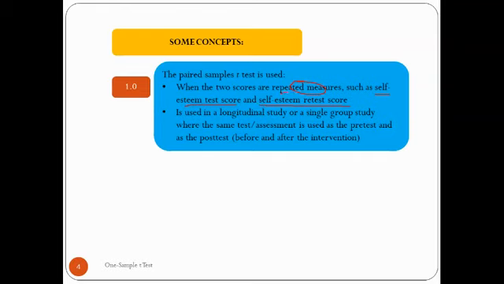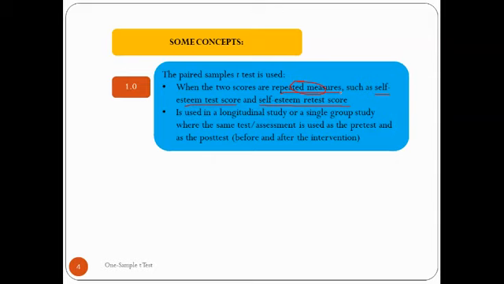So basically, repeated measures refer to the situation where the researcher uses the instrument twice in order to measure the same construct. In this situation, the researcher measures self-esteem twice using the same research instrument.